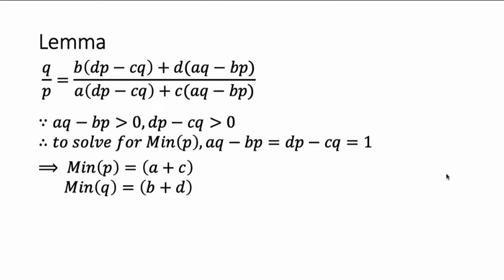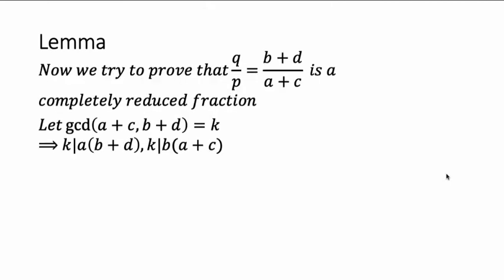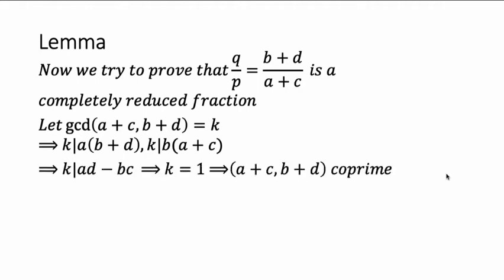The next thing we have to prove is that q over p is a completely reduced fraction. To do this, let the GCD of a plus c and b plus d equal k. This means that k will divide a times b plus d. k will also divide b times a plus c. If we subtract these two, we'll get that k will divide ad minus bc, which in this case is 1.